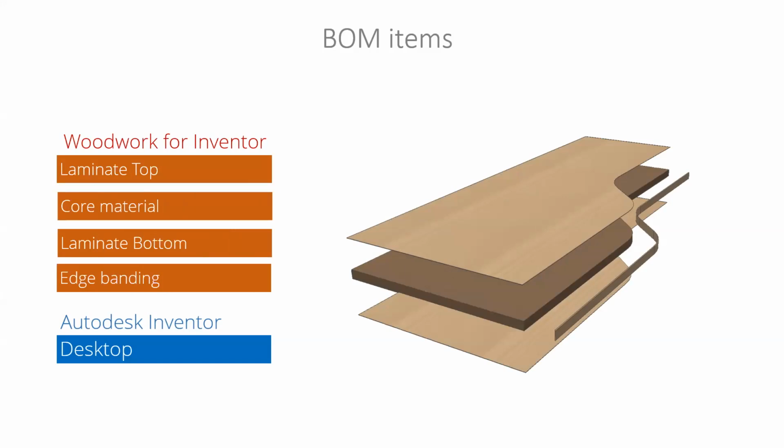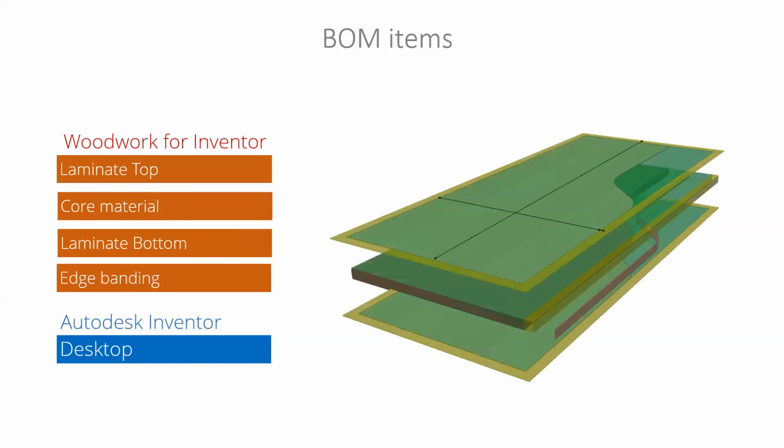Say that we have a laminate on the top, core material, laminate on the bottom, and some edge bandings, and the size of each of those layers is different because we apply different oversizes, we set the grain direction, and so on and so forth. So this is an extra layer of material Woodwork for Inventor deals with.